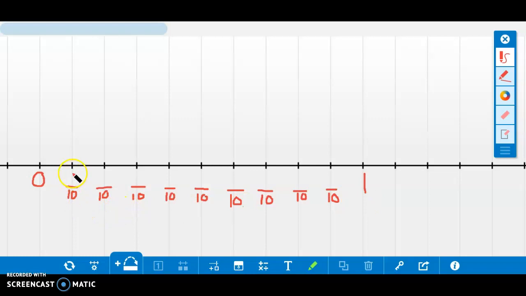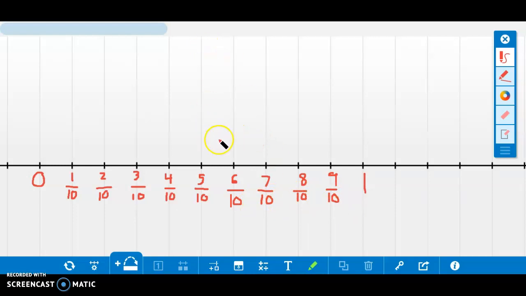Now, at this first mark, I have 1 piece, then 2 pieces, then 3 pieces, then 4 pieces, then 5. So the numerator, the number on top, shows how many pieces I have, how many pieces are filled in.